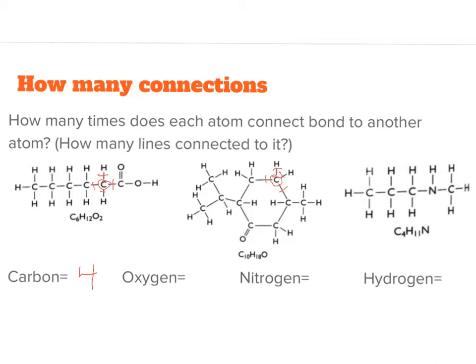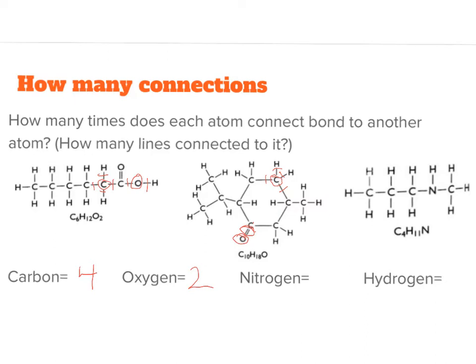Oxygen, if we find an oxygen, here's one, tends to bond 2 times. If we look at this oxygen, it's only connected to one thing, which is carbon, but it's connected twice. It's got 2 bonds to that carbon, so it's still making 2 bonds.